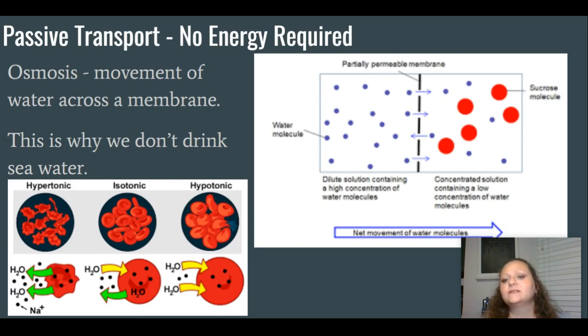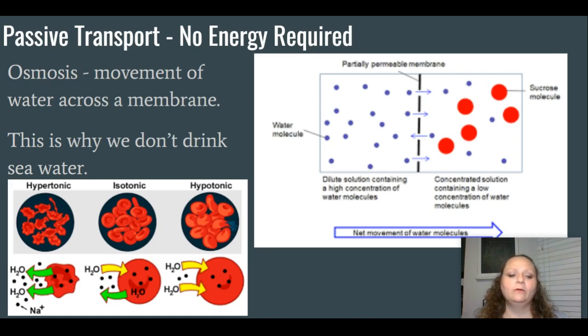If stuff is moving into the cell, water will be moving out of the cell. And that's what I want you to keep in mind. Okay. So for osmosis, you need to know what it is. You need to understand how water moves, that it's going the opposite of diffusion. And then I need you to take a look at this little item that's here on our left.